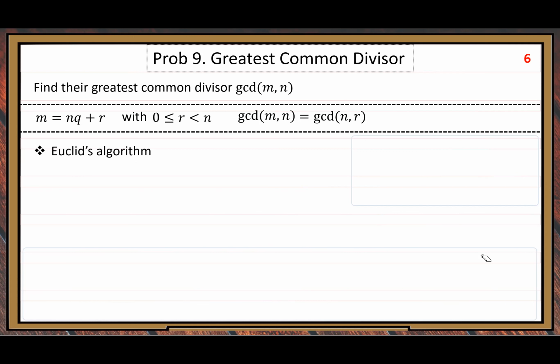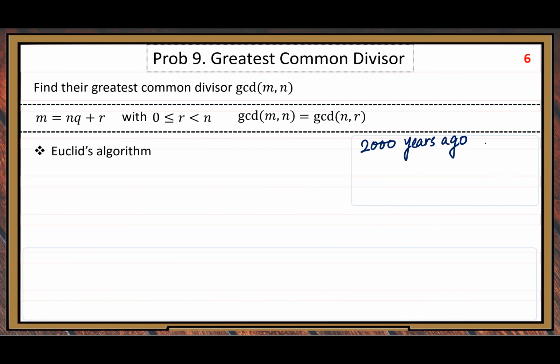Euclid, about 2,000 years ago, wrote a famous book, several volumes.